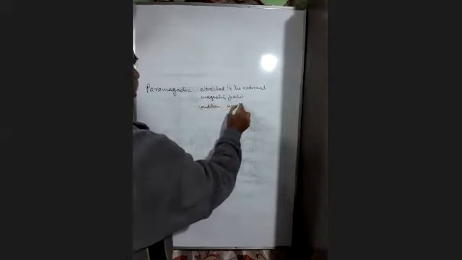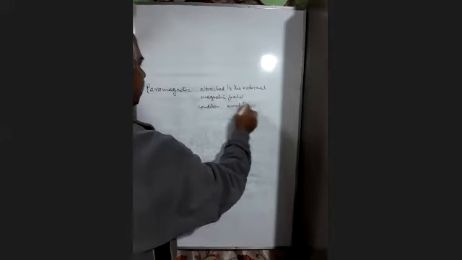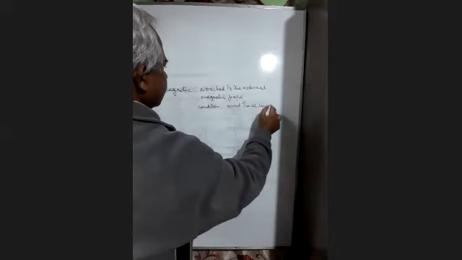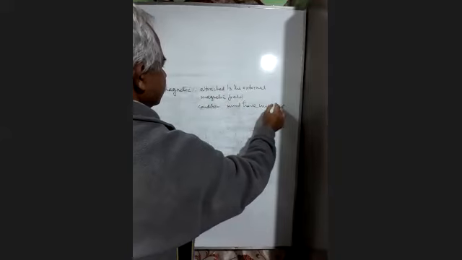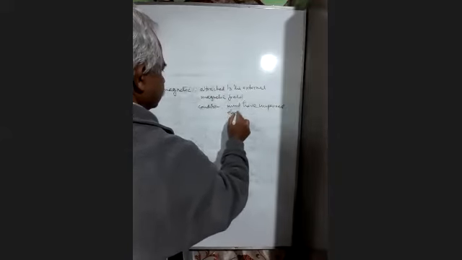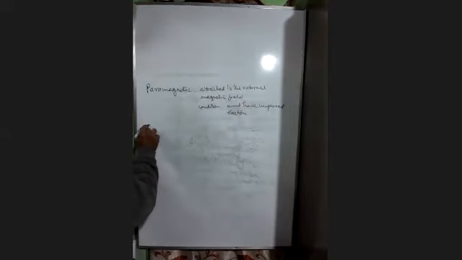Must have unpaired free electrons. And if they are weakly repelled, we call them diamagnetic.